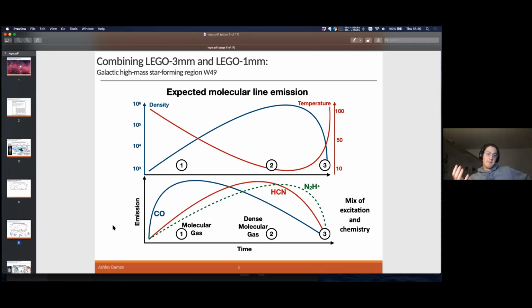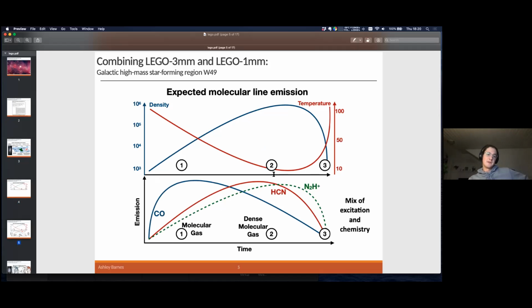And what does that mean for the molecular line emission? You would expect species such as CO to form, be quite abundant, and, because of its low critical density, emit within this low density regime.